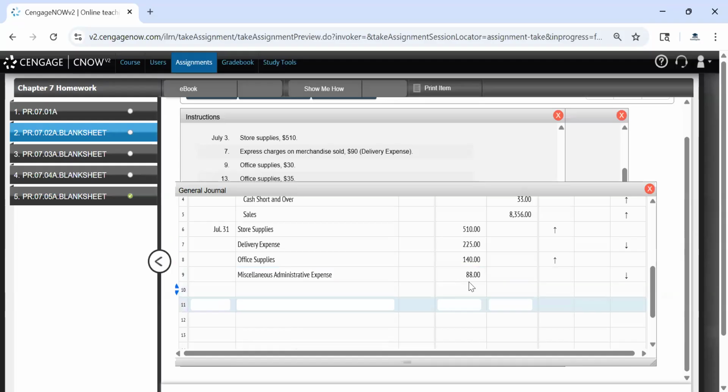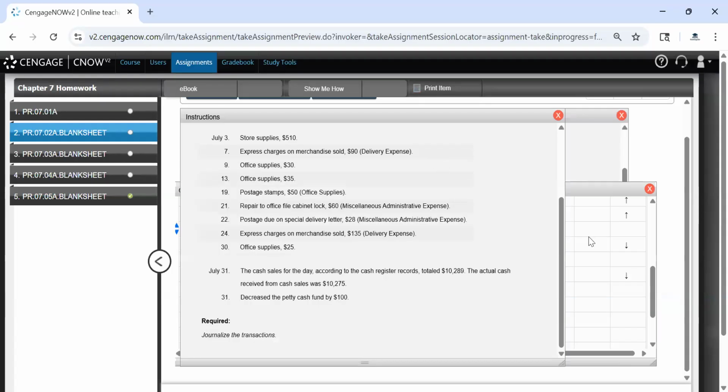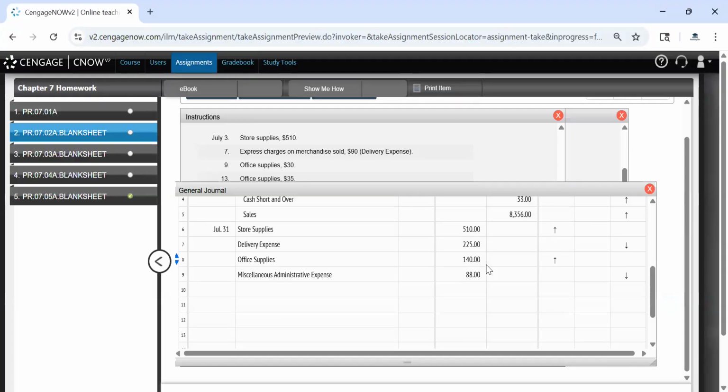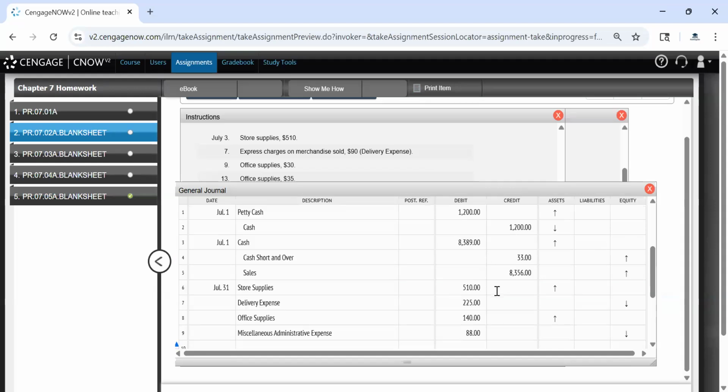And then if we add up all of these expenses, and this is important to know if we're short or over on the petty cash fund. So we know we started with 1,200, and then we add up 510 plus 225 plus 140 plus 88, and that's $963.